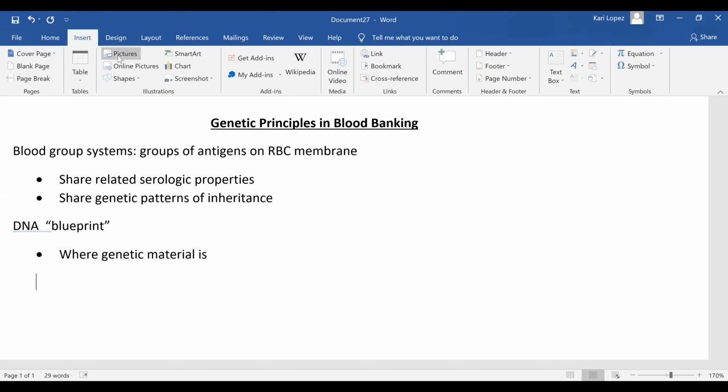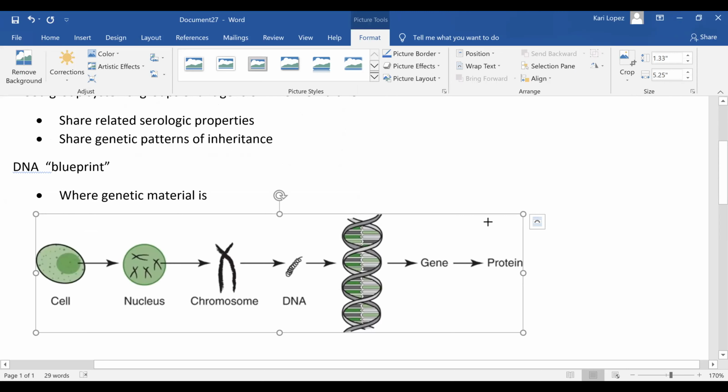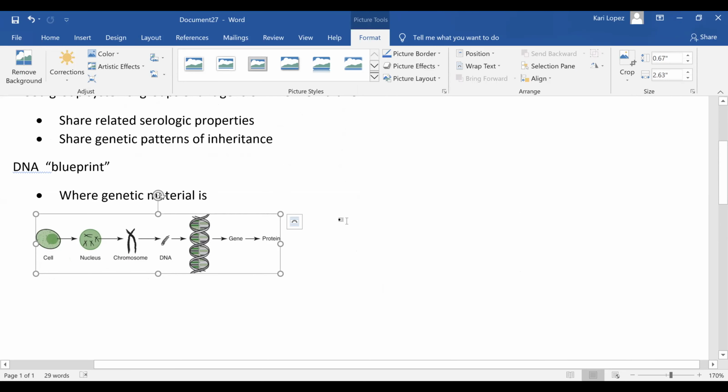Now, I want to insert a little picture. So it goes macroscopically to microscopically. It goes from a cell to the nucleus of the cell to chromosomes, so pairs of chromosomes, to DNA, and then each DNA strand goes down to a gene, which goes down to proteins. They're made of proteins.